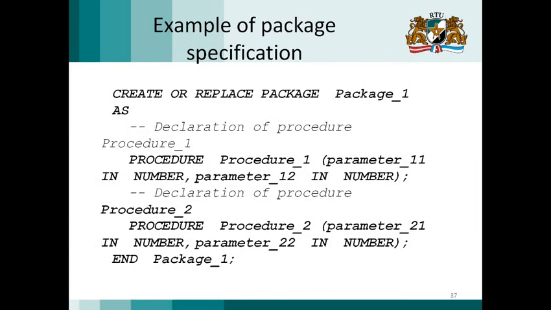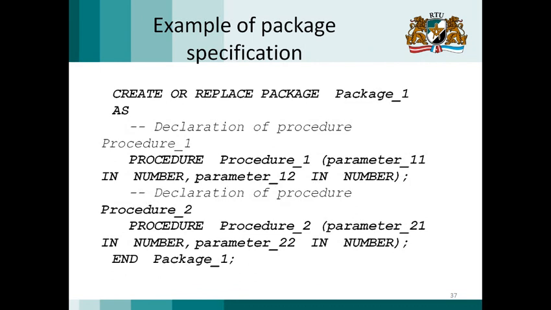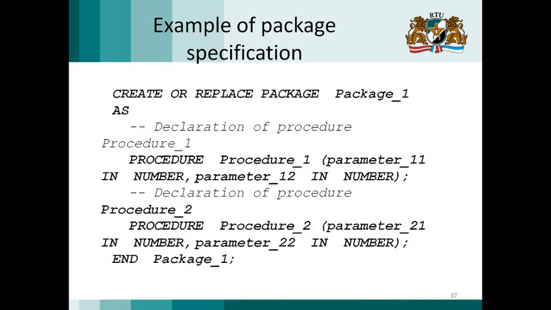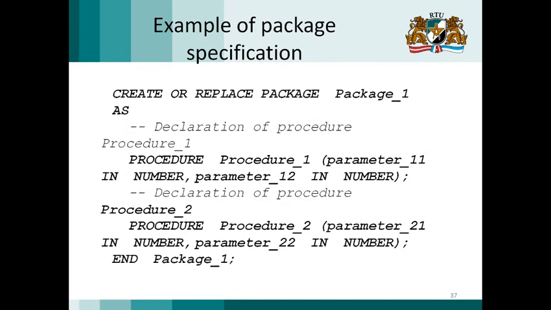There will also be 1, 2, 3, 4 procedures, as many as we need, also some functions or something like that. We can also define types and global variables in these packages that will be recognized in all of these procedures and functions. So if we use this, they can be used in these procedures and functions too.